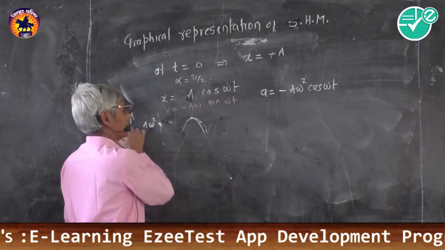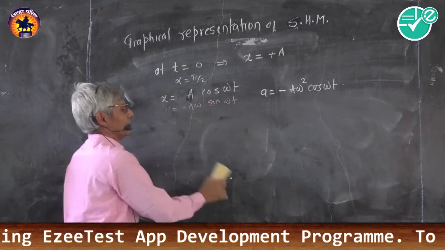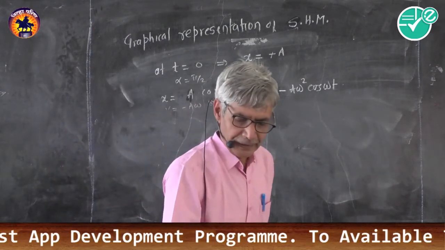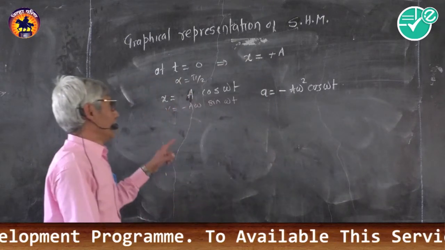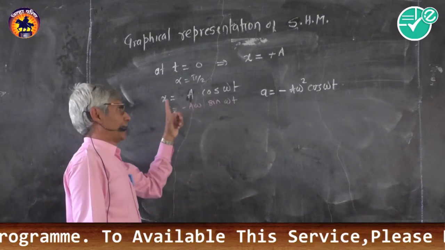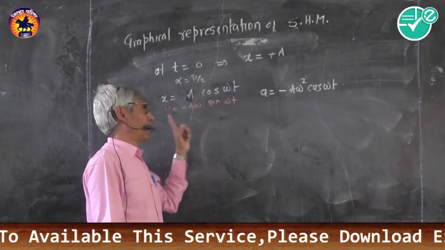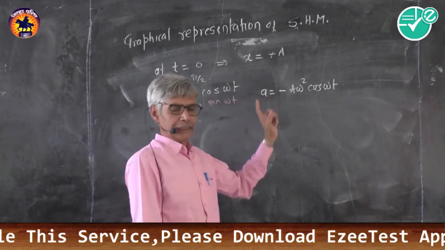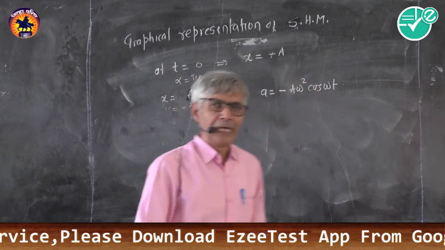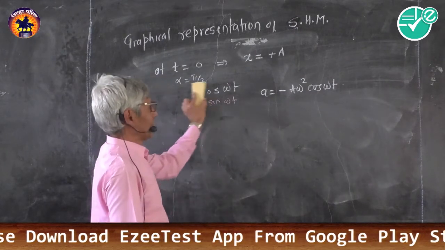In short, in the graphical representation of S.H.M, when we consider the variation of the displacement, velocity or acceleration with respect to time, the curve will be either a sine curve or a cosine curve.